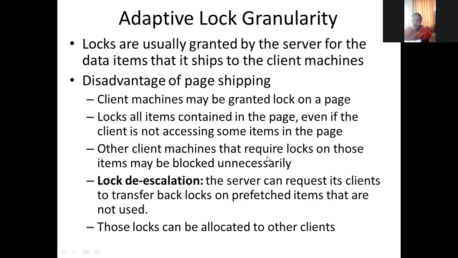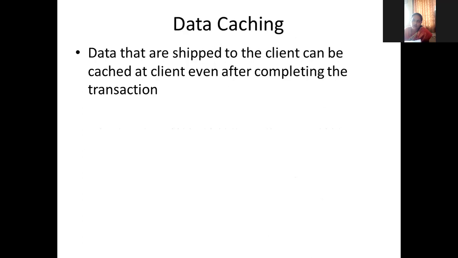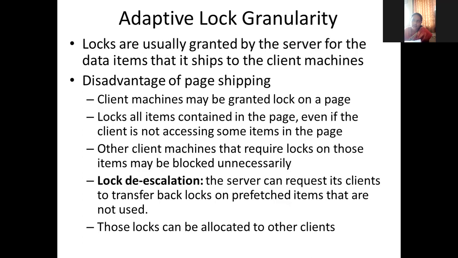Means if another client requests that data, the server can send a request to client number 1 to transfer back those locks, and after getting that data, the server can again allocate it to the other client. Okay, so that is nothing but adaptive lock granularity.